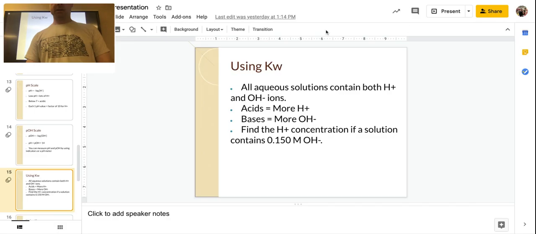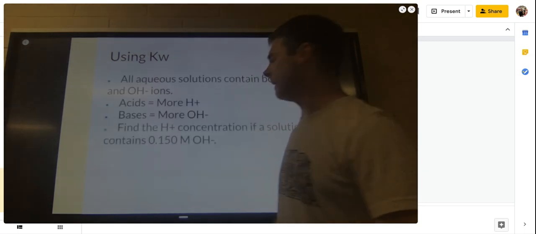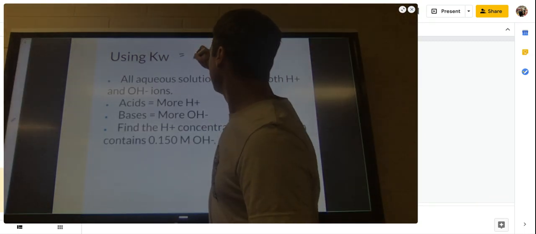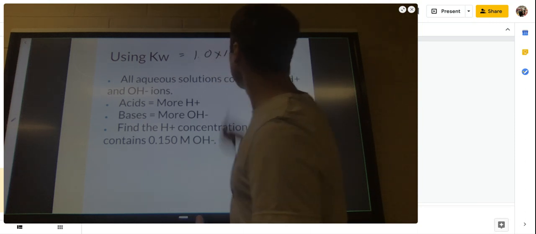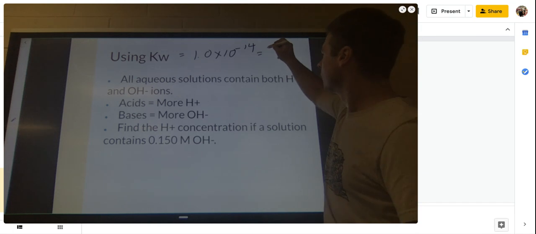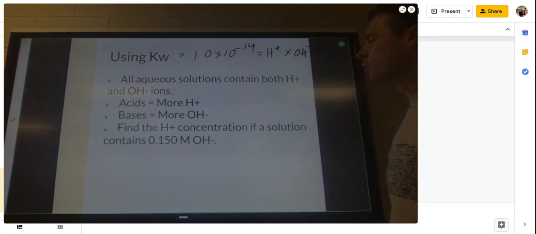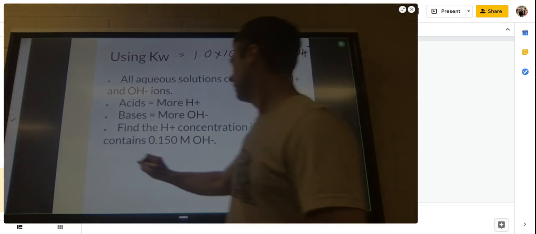So let's see how we would tackle this. All right. So if we're going to use KW, we know that KW is always going to be equal to this value, 1 times 10 to the negative 14th. It doesn't change for us, okay? We're going to try to keep it simple. I'm not going to mess with the temperature and change the K. So that value is always equal to the H plus times the OH minus. So if you know one, you know the other, assuming you can do division.